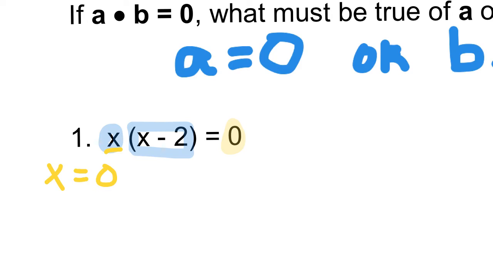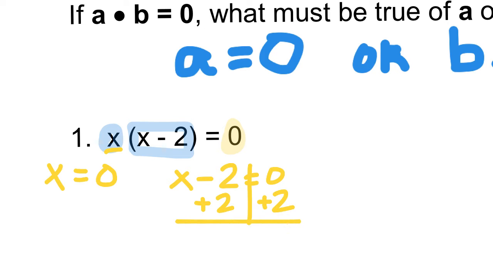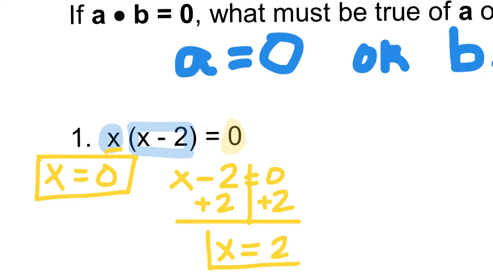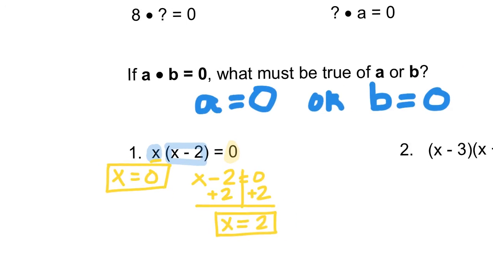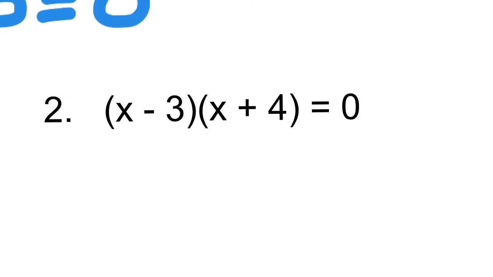That's one of our solutions. The next one is x minus 2 equals 0. That's not a solution yet, but once we solve it like an equation, isolating the x, we get our second solution, x equals 2. So those are our two solutions for number 1.